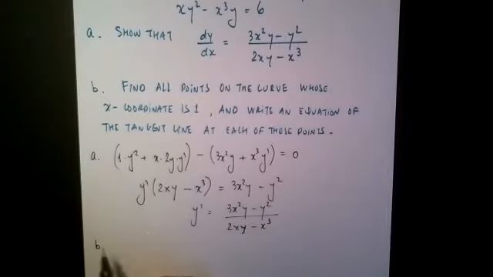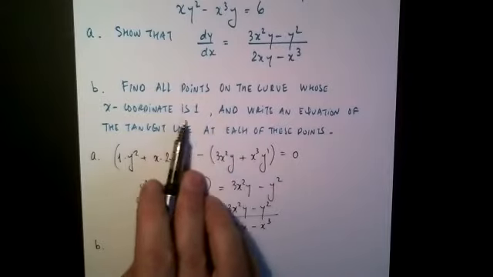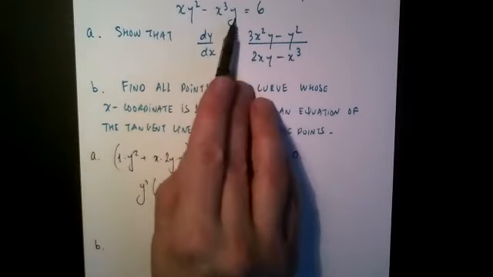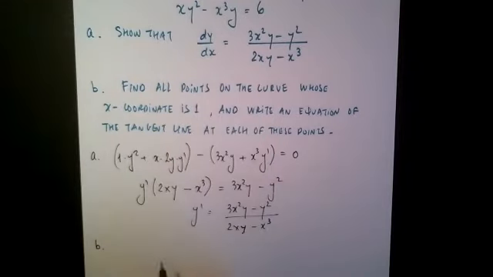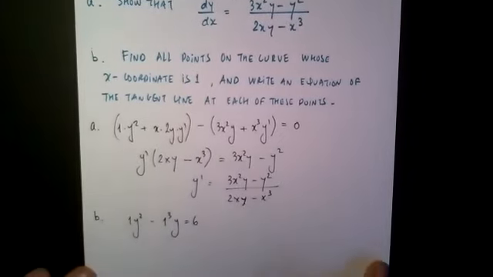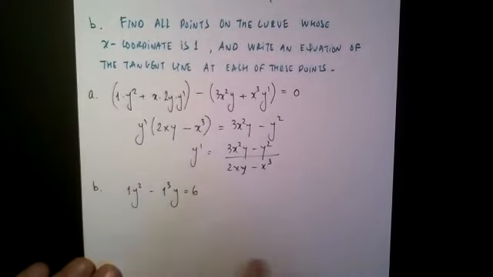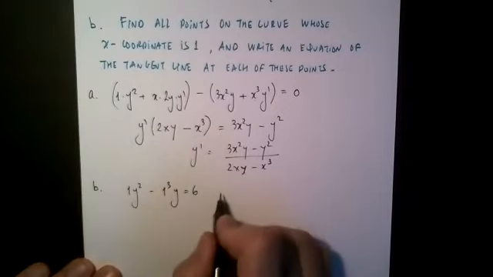B, find all points of the curve where the x coordinate is 1. So we just plug in x is 1 in the relation, sorry, it's not a function. So 1 times y^2 minus 1 cubed y equals 6. I just replace x by 1.